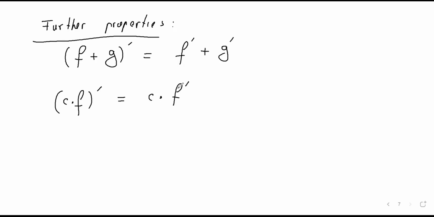So this is the thing that you wanna do about derivatives, and how do you apply this in practice? By the way, the similar rule holds here for minuses. If you do f minus g prime, then you will get f prime minus g prime. The exact same sort of rule here.